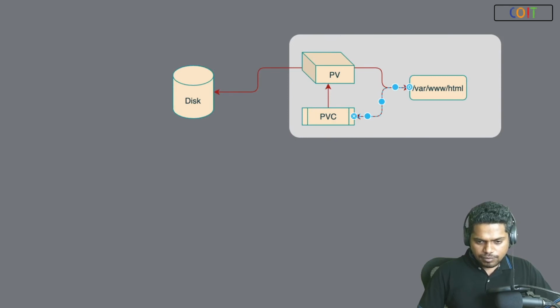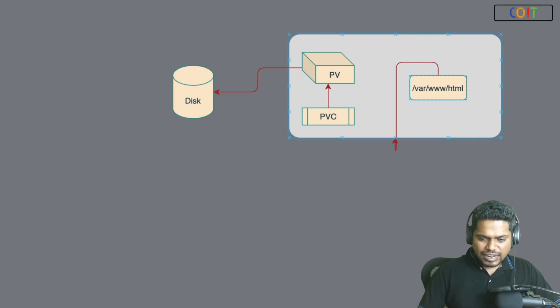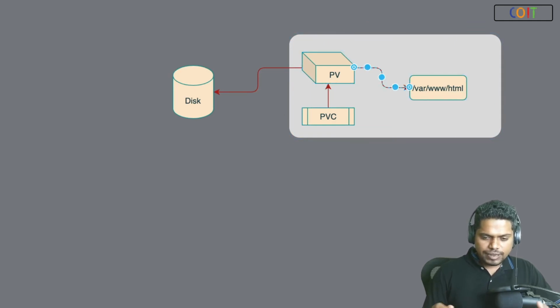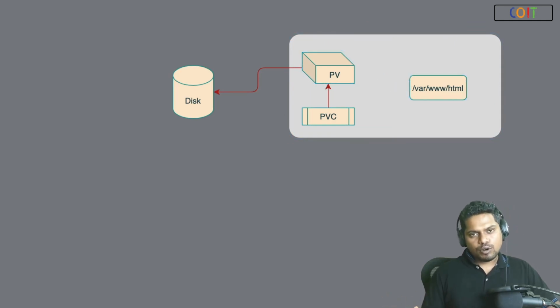But so far my containers don't have any relationship with the PVC, right? I mean, the container has to claim the volume. The container wants to ask, hey, PVC, get me the PV, right? Then the PVC will look if the PV is already there, then mount that PV to the pod, or make that PV available to the pod.